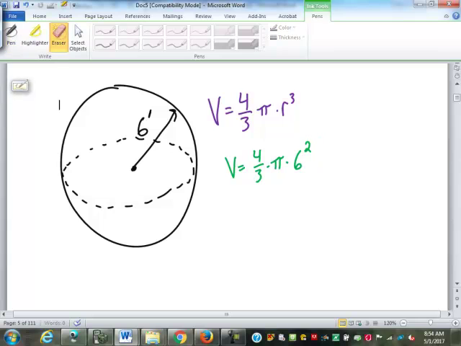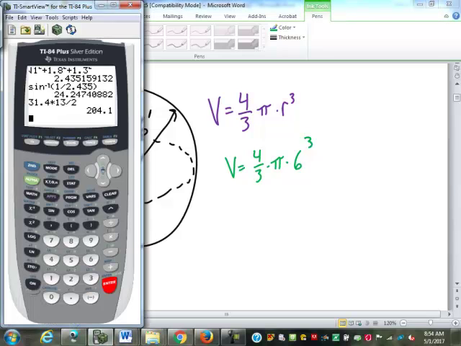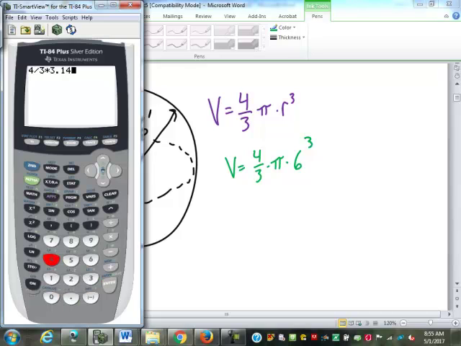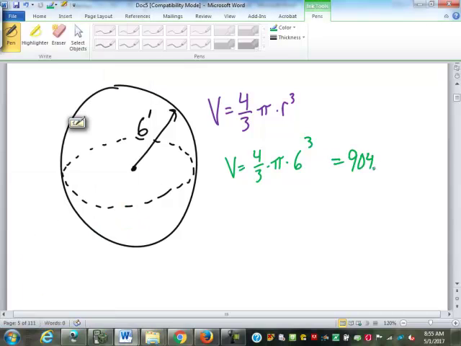So for this problem, that's 4/3 times pi times 6 cubed, or 6 to the 3rd power. So I type that in as 4 divided by 3 times, I'm going to type in 3.14 for pi, times 6 caret key 3 to the power of 3. 904.32. And that is going to be cubic feet, since that was in feet.